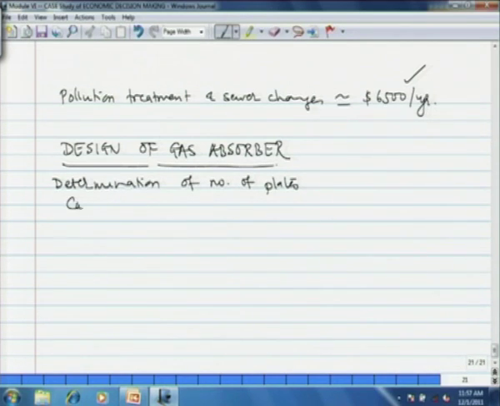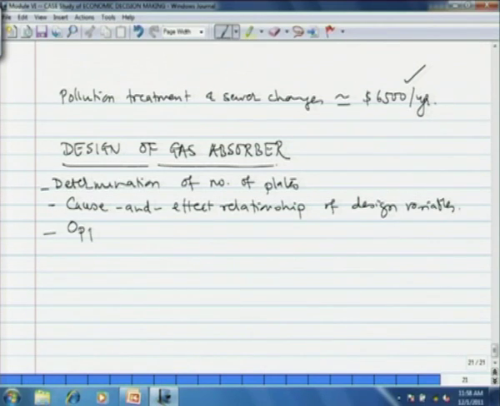And we also need to know the cause and effect relationship of design variables, and opportunities for simplification of unit operations.